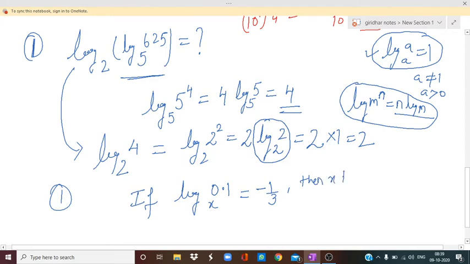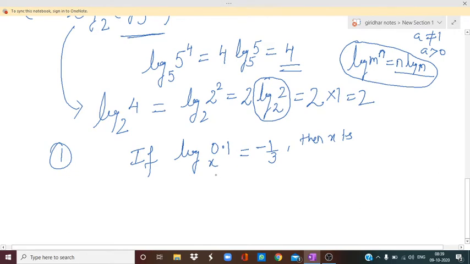Then x is. So again we'll use the definition. Log m with base a equals to x, so a to the power, that means x to the power minus 1 by 3 is equal to 0.1.